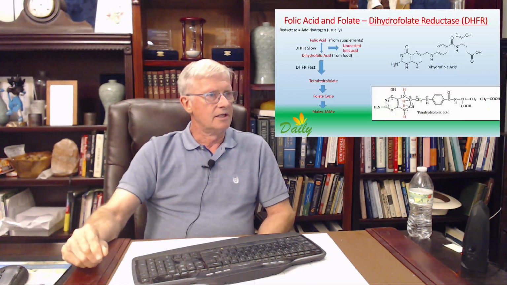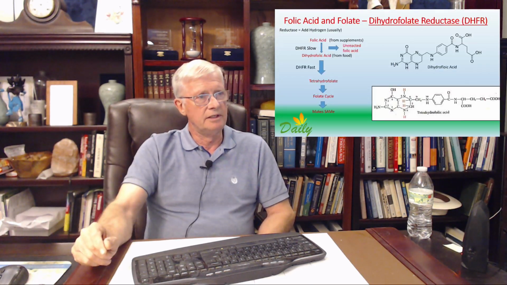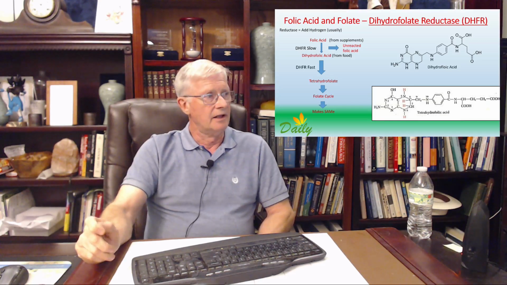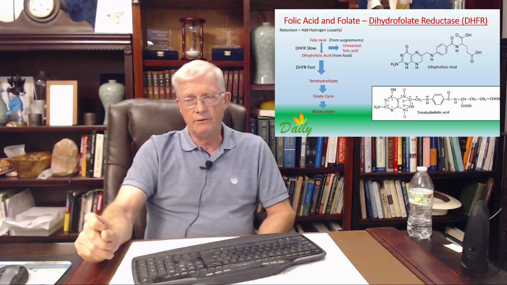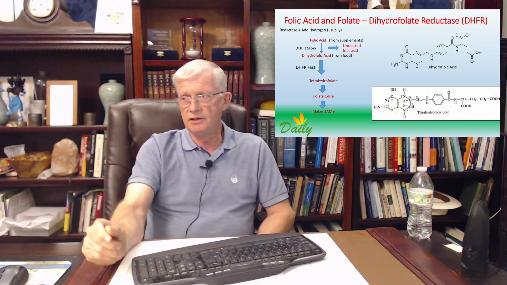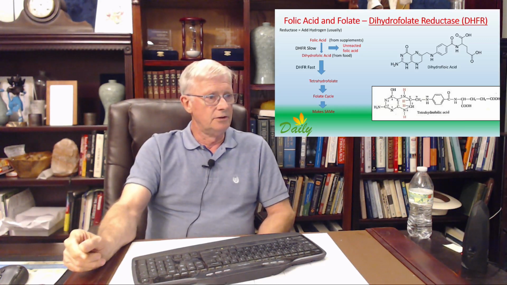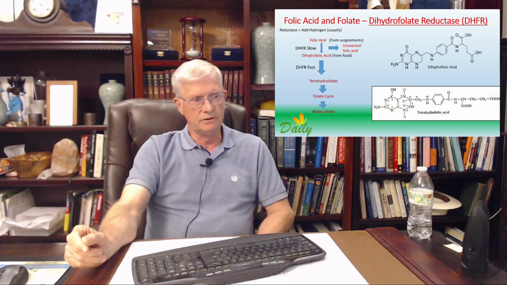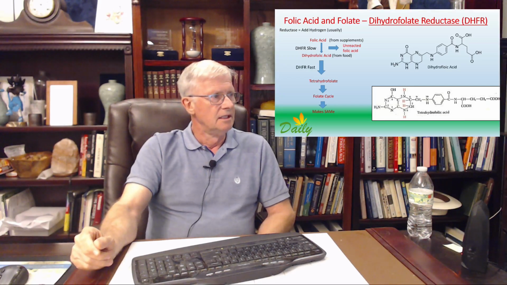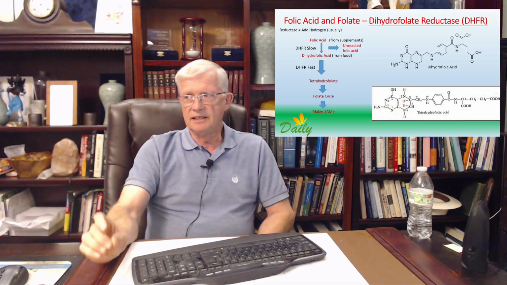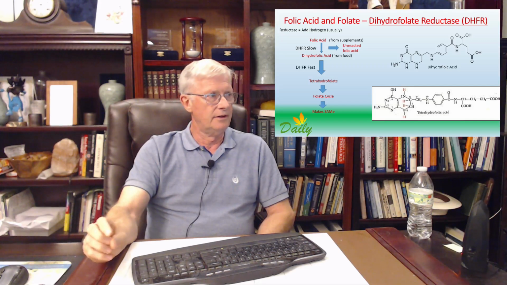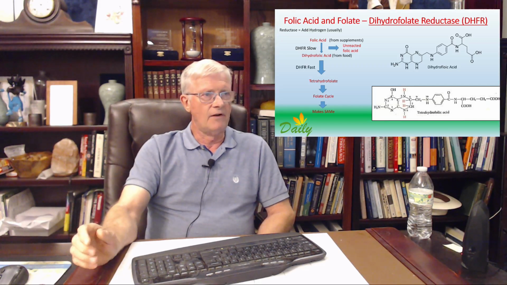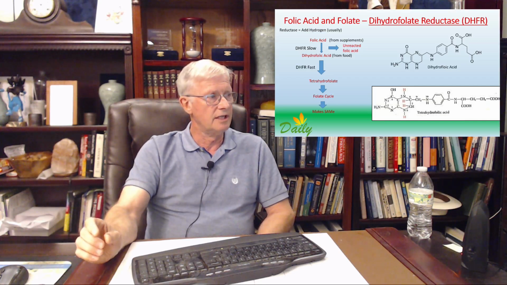Okay, well, let's talk about dihydrofolate reductase first. Now, this is the first one we said that was involved in the conversion of folic acid to tetrahydrofolic acid, which we can actually use. Now, DHFR actually does this in 2 steps.